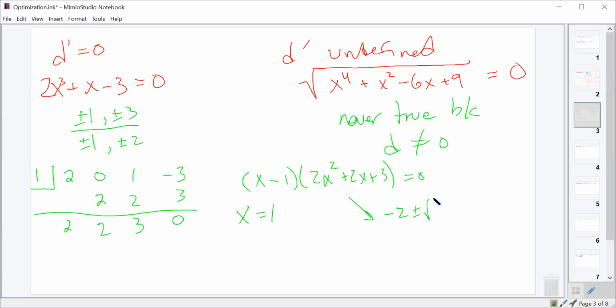So -2 plus or minus the square root of 2 squared minus 4 times 2 times 3 all over 2 times 2. What's happening inside that square root with the discriminant b squared minus 4ac? It's negative, meaning there are no real solutions. So the only possible place where we could have a minimum is at x equals 1. Everybody agree with that?